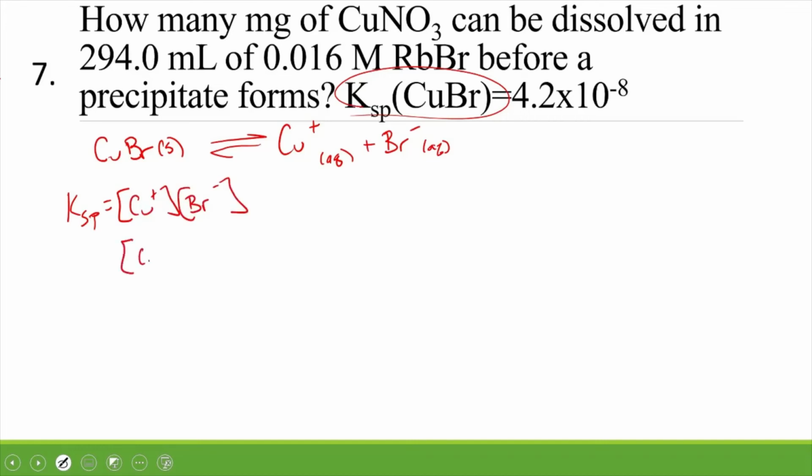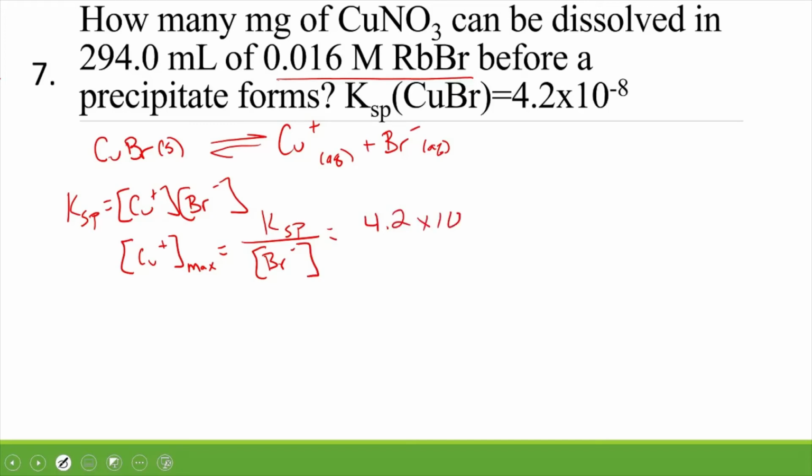And we want to find the max amount of Cu+. And so that's just equal to Ksp over Br-. And we're given Br- because its source is this rubidium bromide, which is going to completely dissociate. So Ksp is 4.2 times 10 to the negative 8th over Br-, which is 0.016.